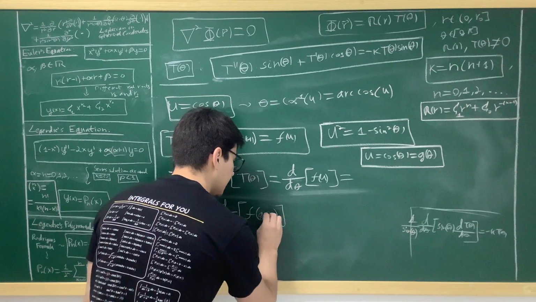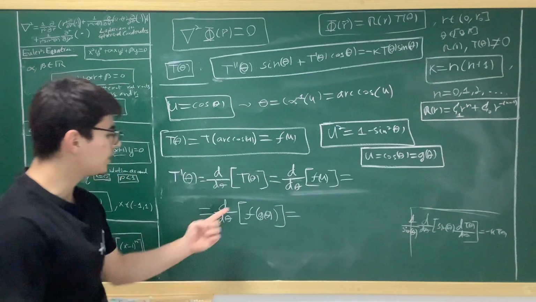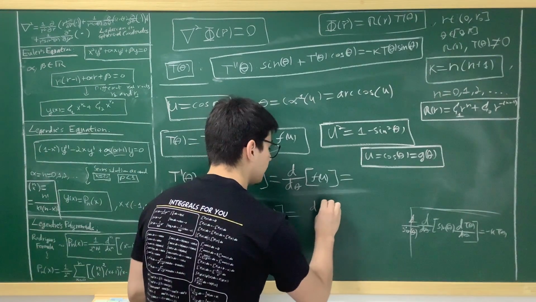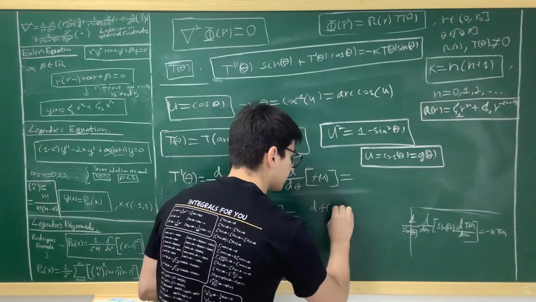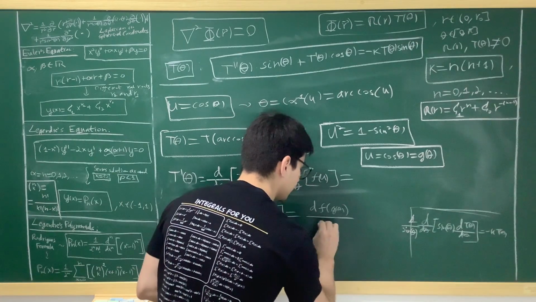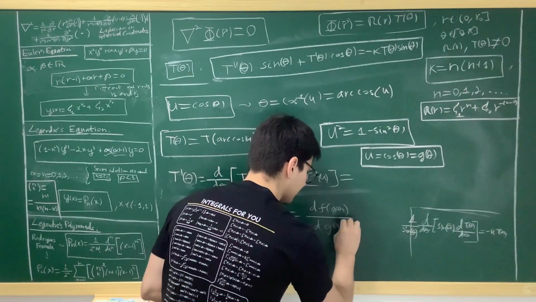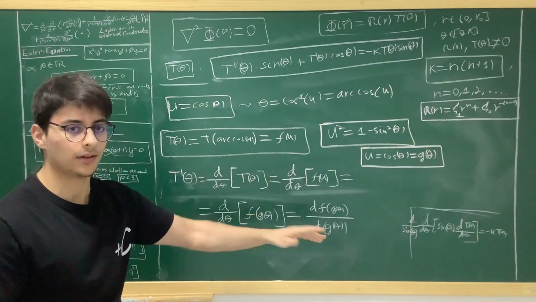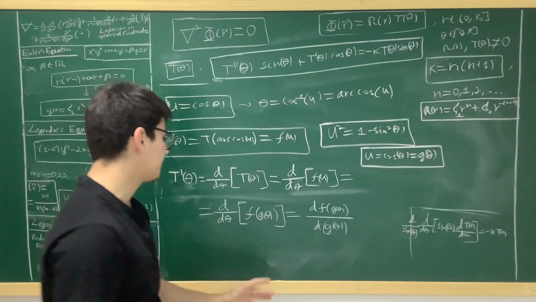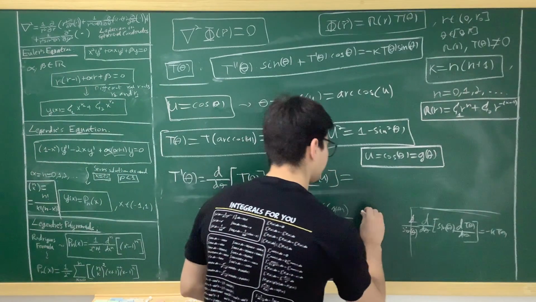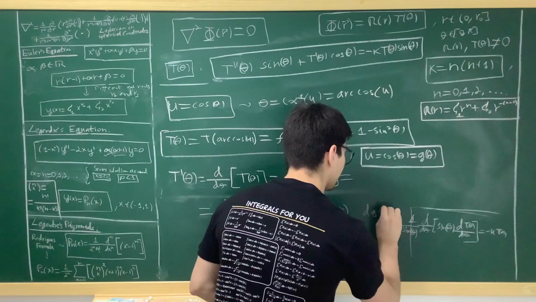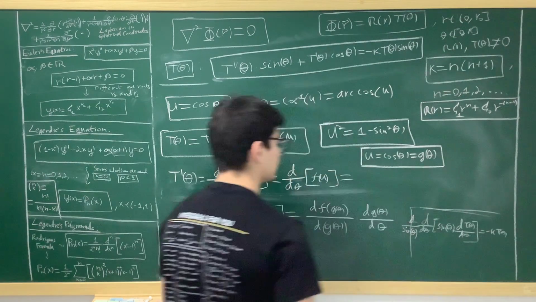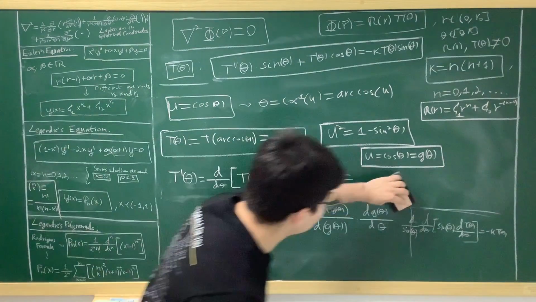Applying the chain rule, we take the derivative of f with respect to g of theta, times the derivative of g of theta with respect to theta. This might seem somewhat of an absurd notation, but I'll tell you what this exactly means. And let me just erase this because we no longer need it.